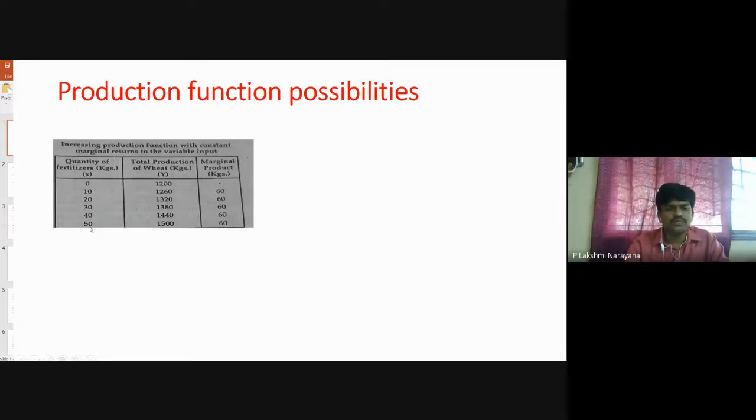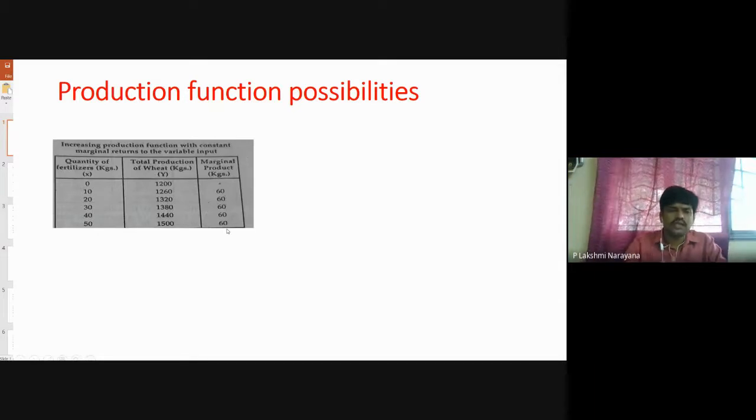So up to 30, 40, 50, the quantity of fertilizer is increased by 10 kgs each time. So each time the farmer is increasing fertilizer at a constant rate. At the same time, the total production also increases to 1260, 1320, 1380, 1440, 1500. So the difference is every time 60.